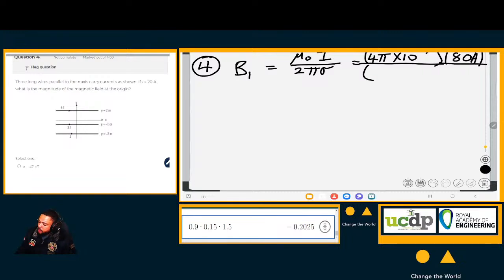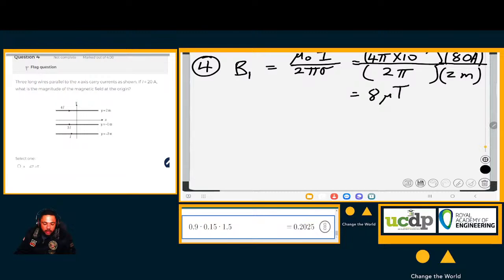And then we have 2 pi here as a constant. What is the distance from the origin to the first current carrying conductor? It is 2 meters.